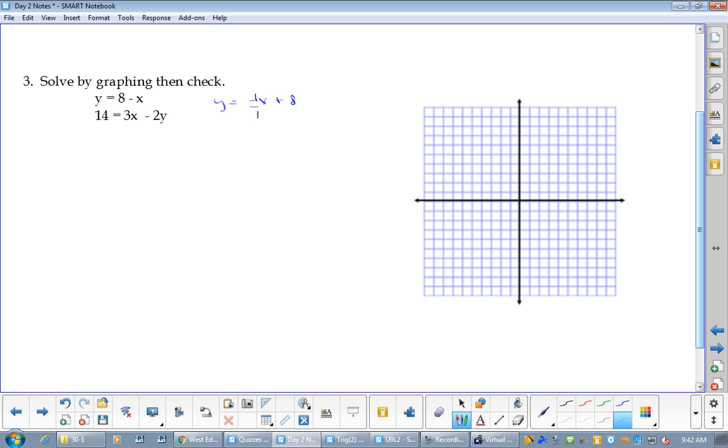So I'm going to go to 8. 1, 2, 3, 4. And from there, how am I going to get my next point? Down 1 over 1, down 1 over 1, down 1 over 1. Okay?